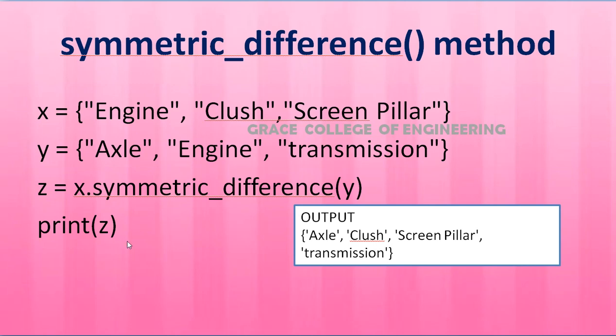Print z. So the output is axle, clutch, screen pillar, and transmission. Engine is present in both the variables, so it is not printed.